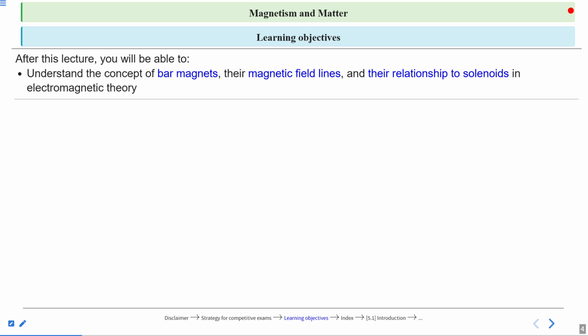Understand the concept of bar magnets, their magnetic field lines and their relationship to the solenoid in the electromagnetic theory. Some of you may also have done experiments in 10th class regarding drawing magnetic field lines around the bar magnet using magnetic needles.